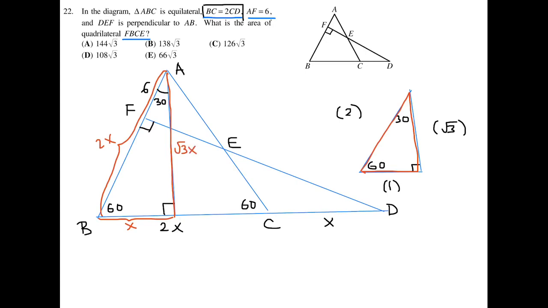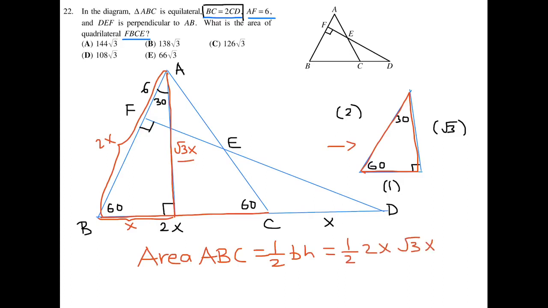Okay? Remember, this 30, 60, 90 is very important. So now we can figure out the area of the big triangle ABC. It's just 1/2 base times height. The base is right here, which is 2x. And the height is root 3x. So therefore, we have root 3x squared. So that's the first part of the question.